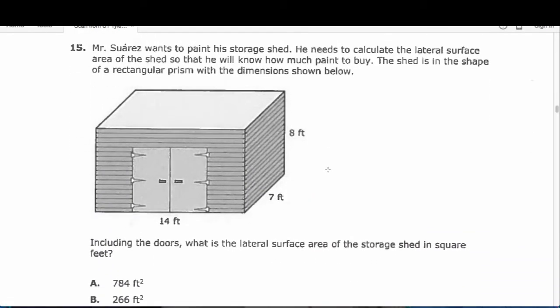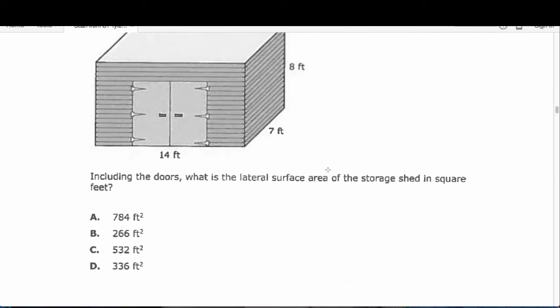Question 15. Mr. Suarez wants to paint his storage shed. He needs to calculate the lateral surface area of the shed so that he will know how much paint to buy. The shed is in the shape of a rectangular prism with the dimensions shown below. Including the doors, what is the lateral surface area of the storage shed in square feet?